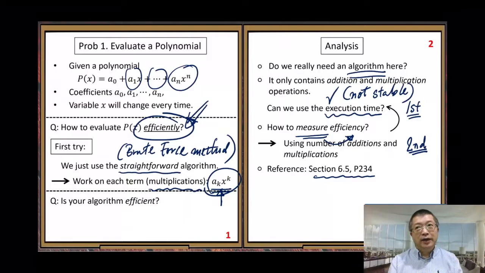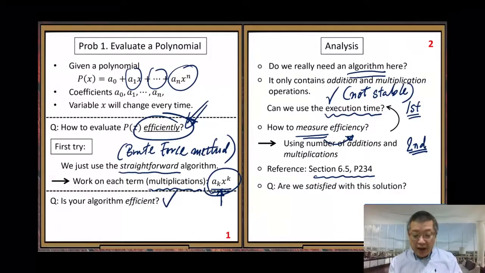For this class, whenever we solve a computing problem, we need to ask this question.